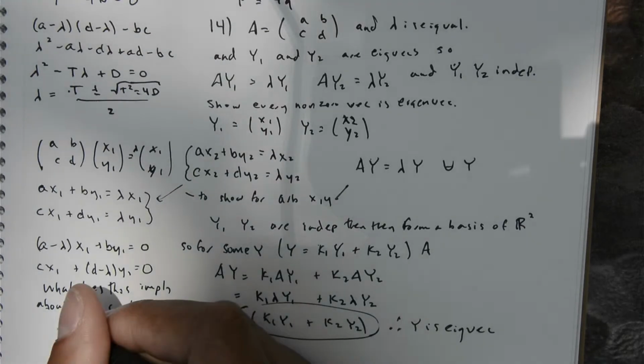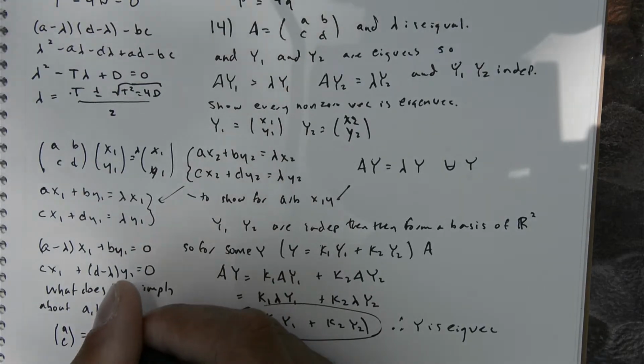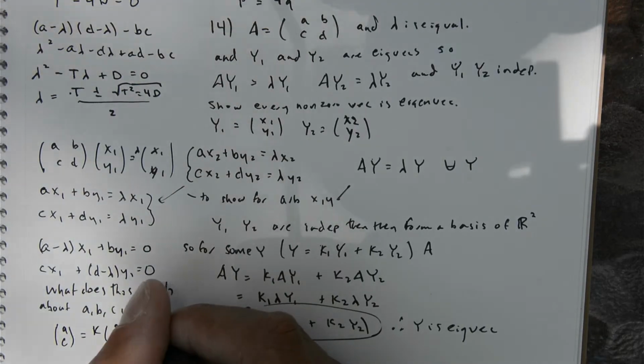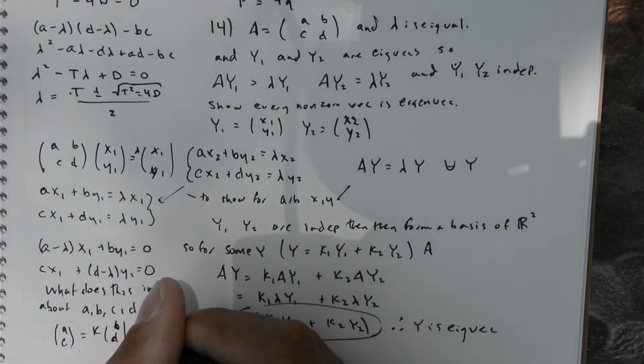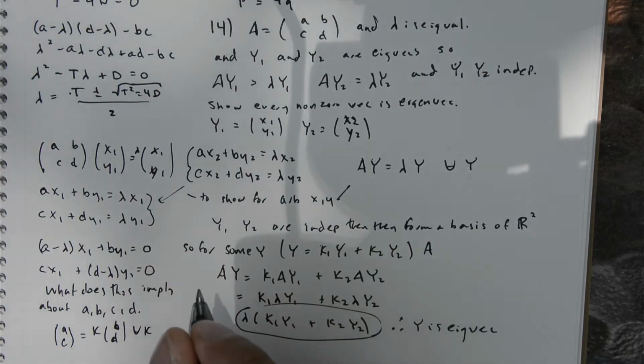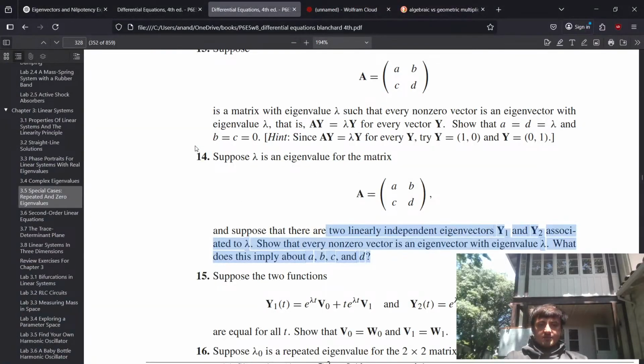I'll say that AC not equal to k BD for all k, but that's not what they want. All right, so I got the proof part. Let's see what the last part is.